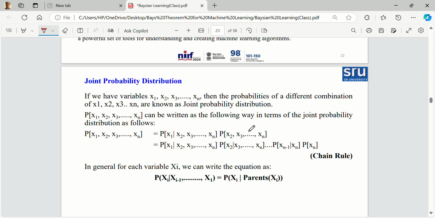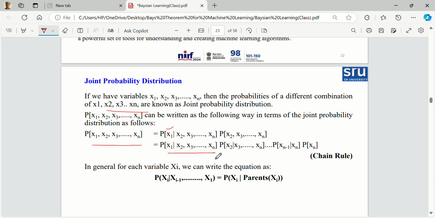We write probability of x1 to xn in the following way. x1 depends on x2 to xn, so probability of x1 given x2 to xn into probability of x2, x3 up to xn.